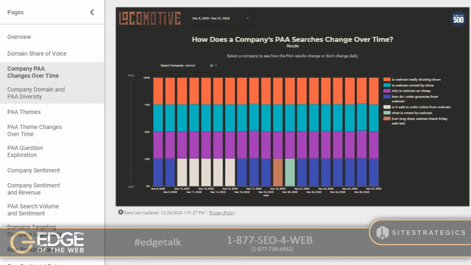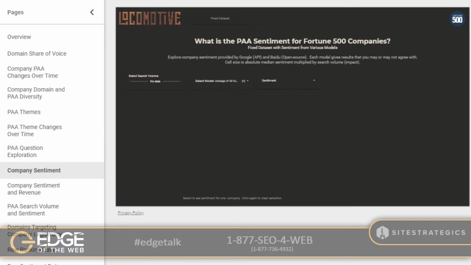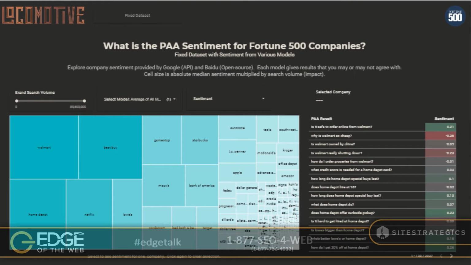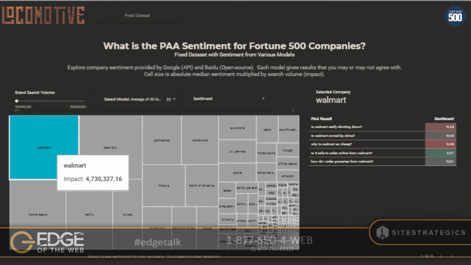So if you go down to customer or company sentiment, for example, all the way down there, yep, and you select that, then you can actually select, for example, Walmart on the left, one of the largest share of voices, right? And what's happening there is, as soon as you select that, all of a sudden, the PAAs from that particular period of time of analysis come up on the right-hand side.